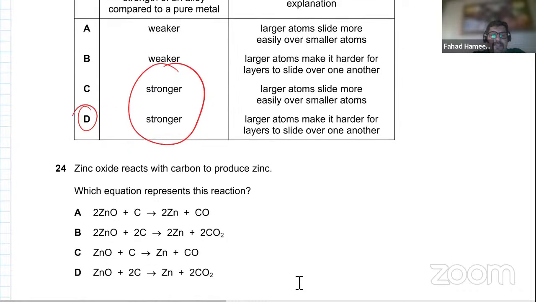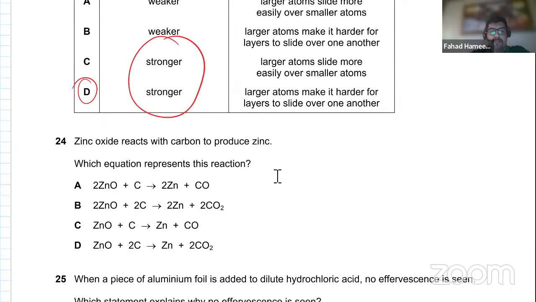Then you have zinc oxide reacts with carbon to produce zinc. Which equation represents this reaction?